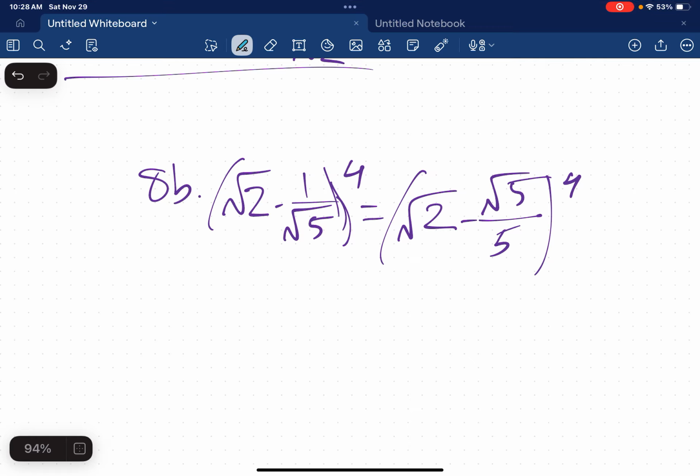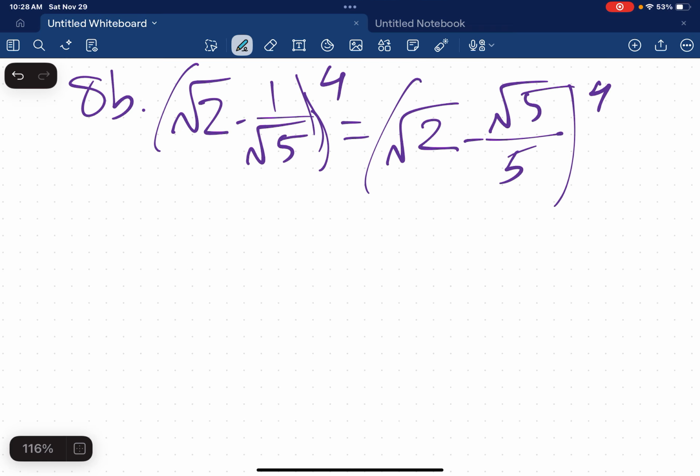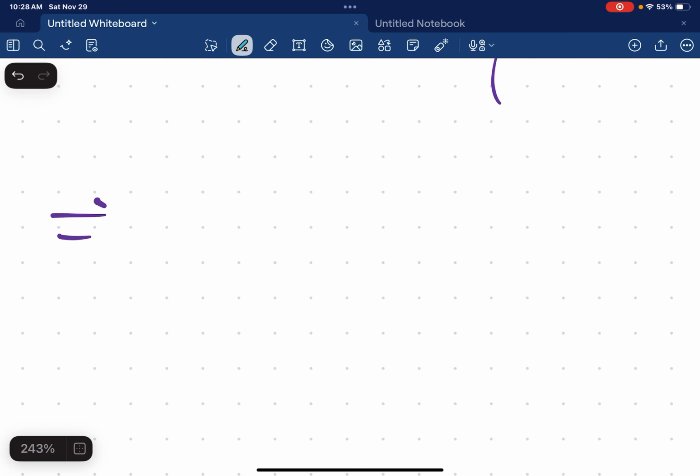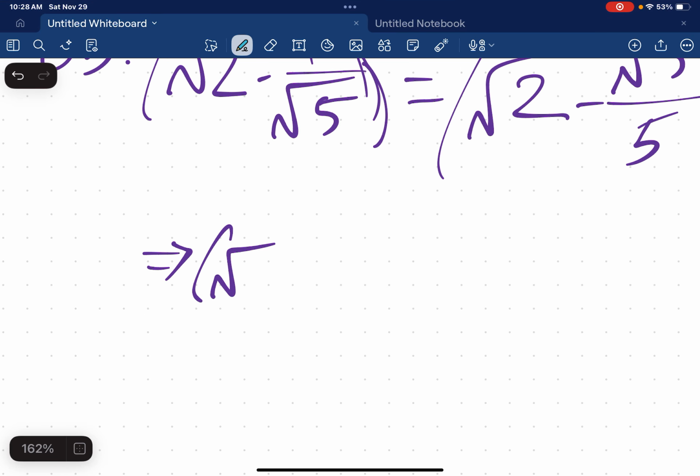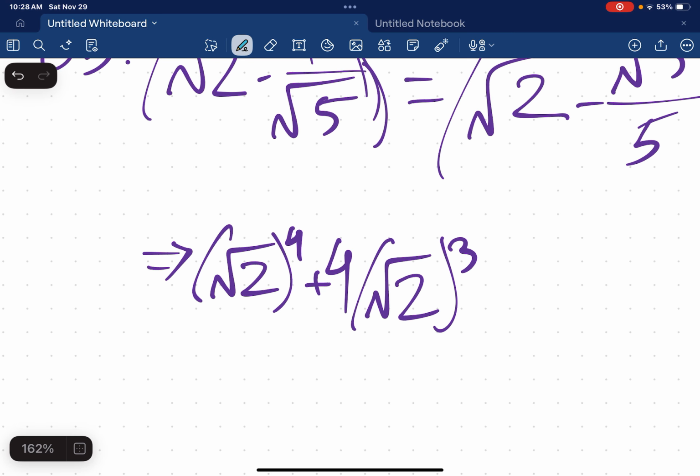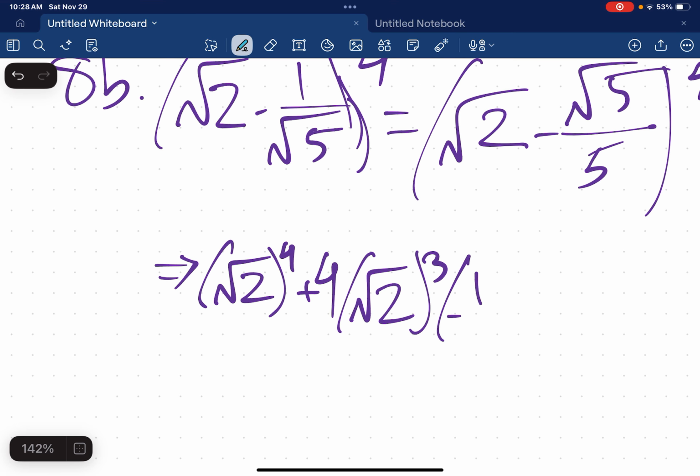We do 4 choose 0, 4 choose 1, 4 choose 2. I'm not going to write all the 4 chooses out, so I'm just going to get straight to simplifying. The square root of 2 to the 4th plus 4 choose 1, which is equal to 4, square root of 2 to the cube, negative 1 over... I just rationalized. Let me keep that rationalization.